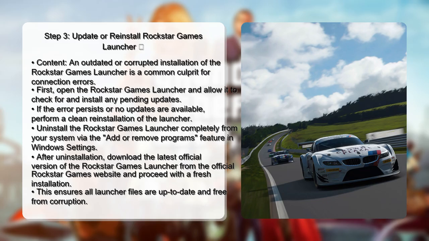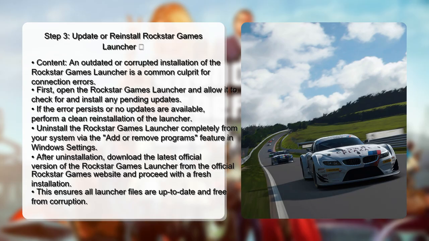Step: update or reinstall Rockstar Games Launcher. Content: an outdated or corrupted installation of the Rockstar Games Launcher is a common culprit for connection errors. First, open the Rockstar Games Launcher and allow it to check for and install any pending updates. If the error persists or no updates are available, perform a clean reinstallation of the launcher.